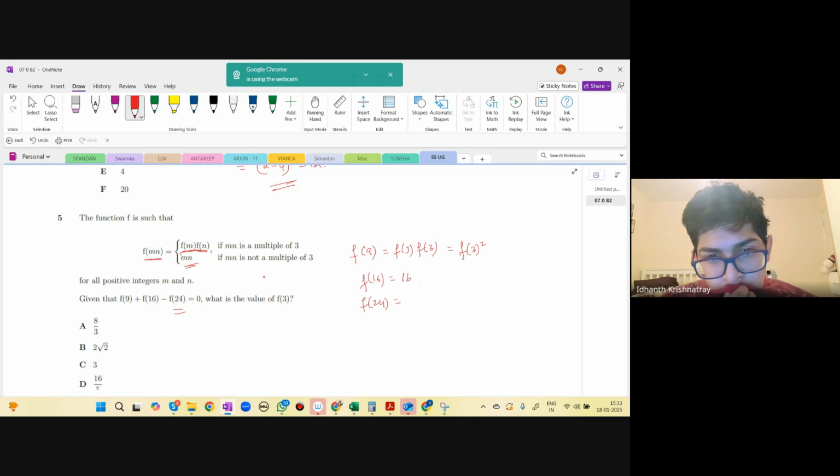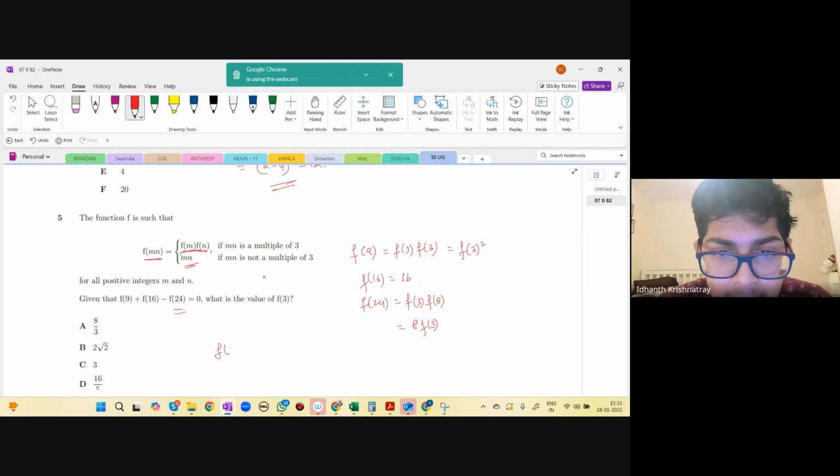f24 will be f of 3 into 8? Yes. f3 into f8. Now f8 will be equal to simply 8. So 8f3. Therefore, this becomes f3 square plus 16 minus 8f3 equal to 0.